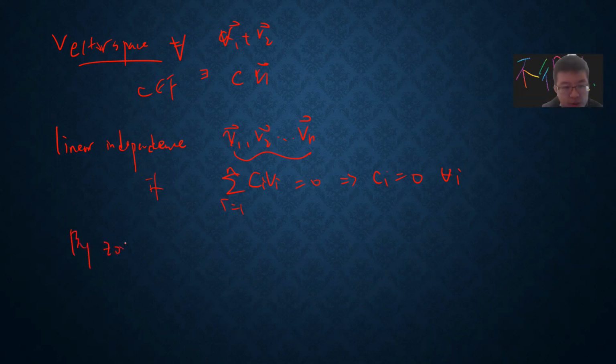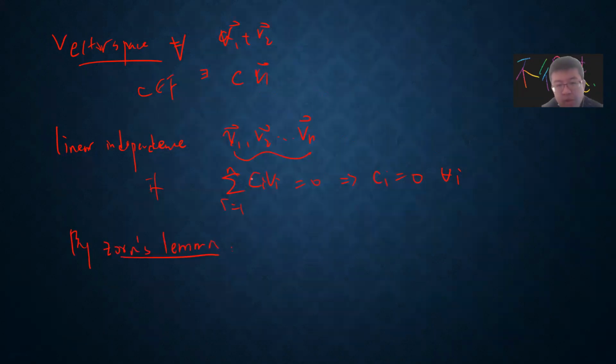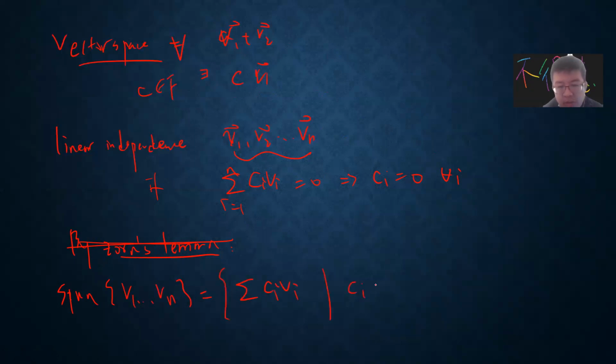We can also define the linear span. The span of v1 up to vn is defined to be the set of sums of ci vi, where each ci belongs to your field. Then we can define the basis.